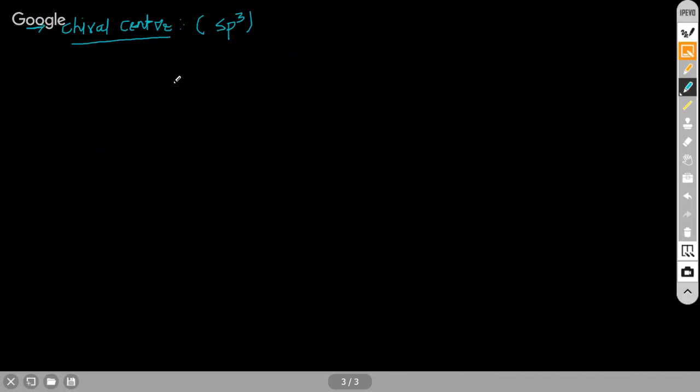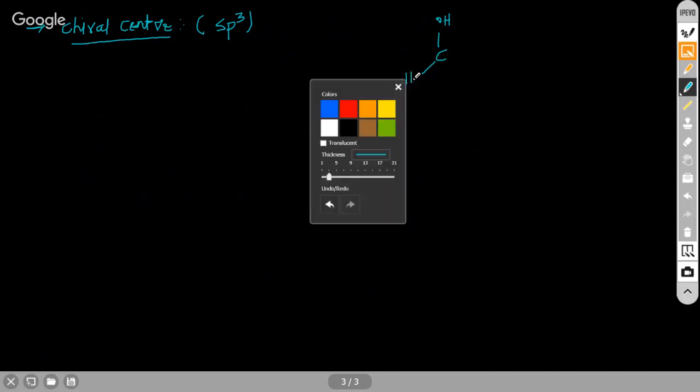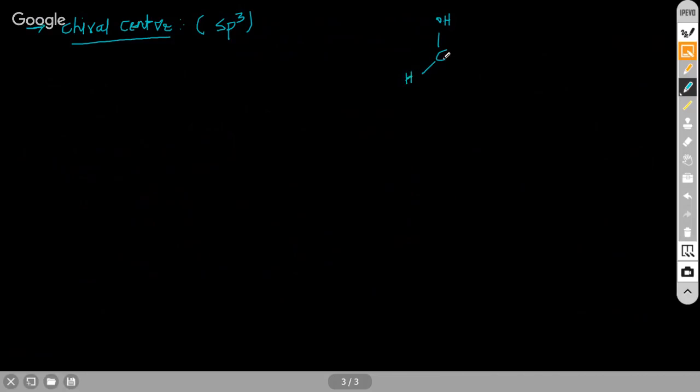Suppose I write down this molecule: carbon has OH, H, then CH3, and one more atom, suppose deuterium, is attached to it.